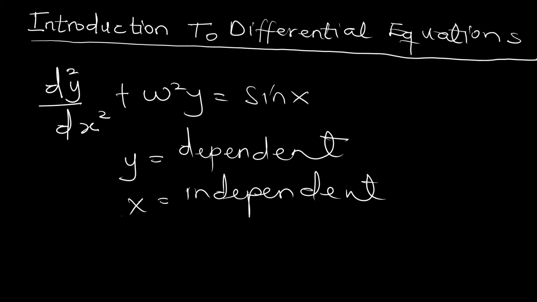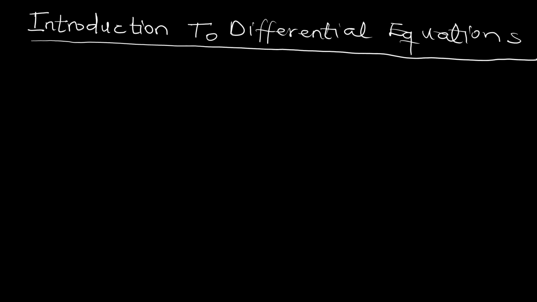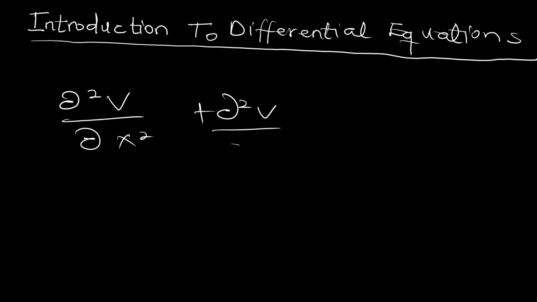Let's consider another scenario. When I have the partial derivative of v with respect to x, and the partial derivative of v with respect to y, what do you think would be the dependent variable and the independent variable?